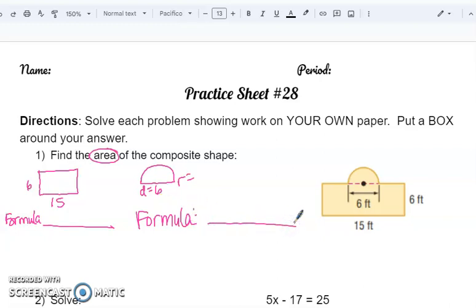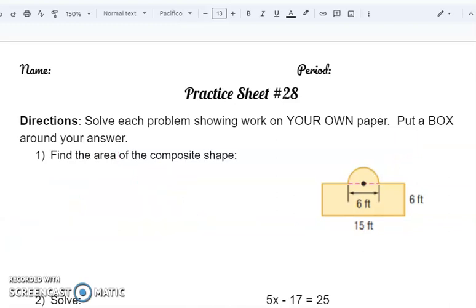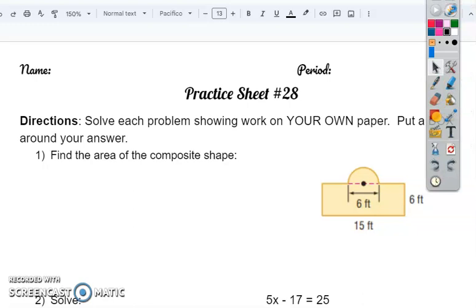Now you also need to remember, since I have a semicircle, that at some point you need to divide by 2. I would make yourself a note somewhere. Put divide by 2 somewhere because it's easy to forget that, okay? So your job is to find those areas and add them, okay?